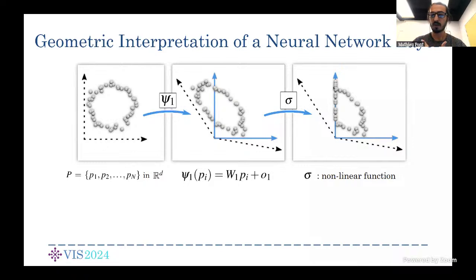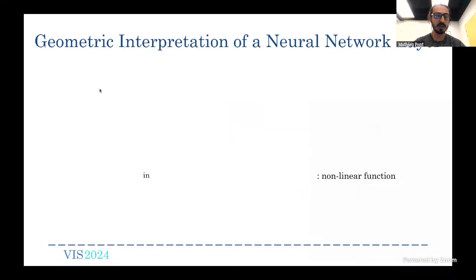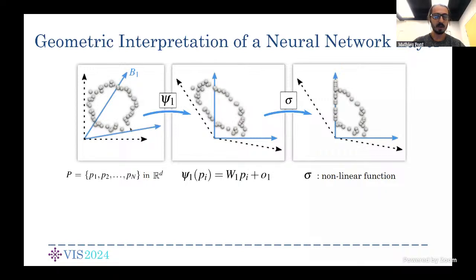And an interesting intuition that will help us later to adapt this to topological representations is that we can define this linear transformation as a projection of the point cloud on a basis in the original space, where we want to find the coordinates of a point in this basis that minimize the distance to an input point.